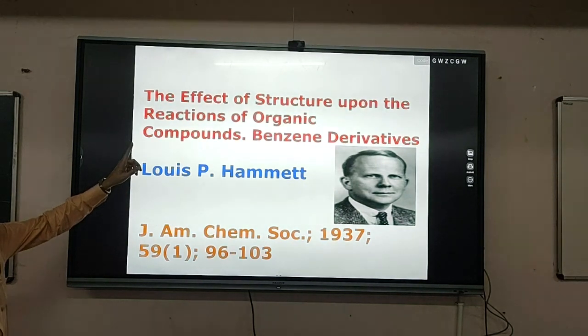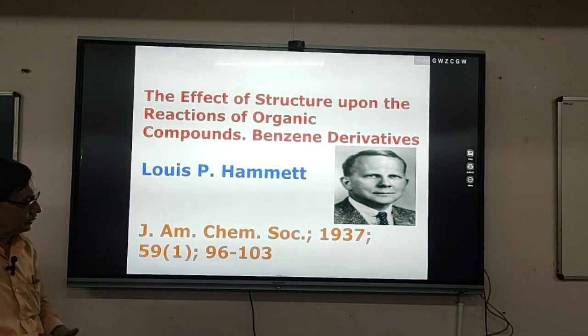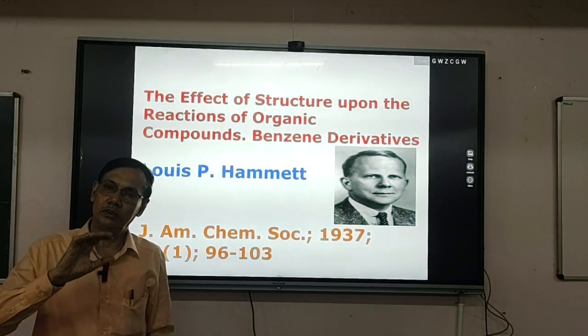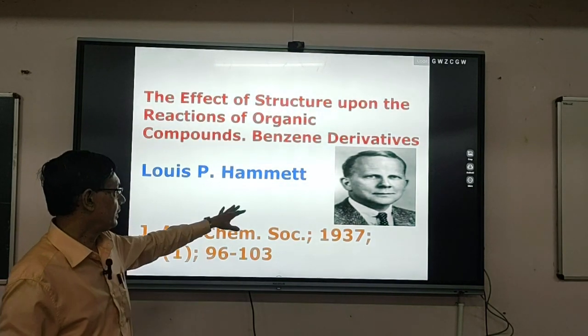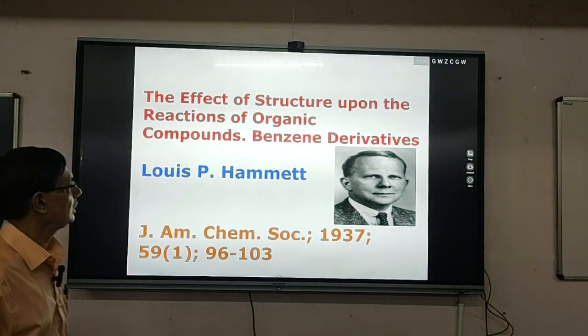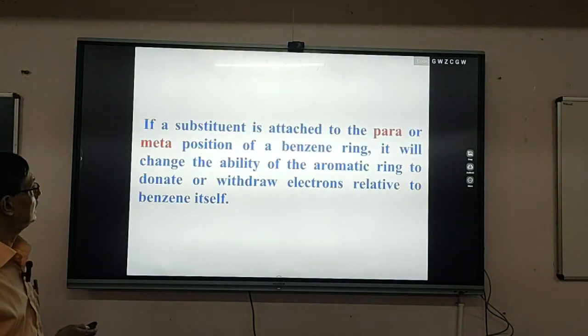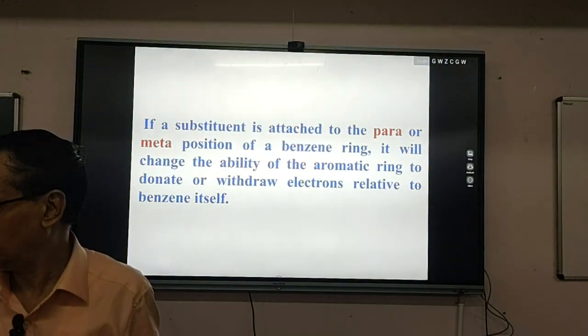So that is the most important paper, and therefore we just call it that Hammett equation, means it was discovered in 1937, because after this paper it was recognized, it is very important derivations, so therefore it is Hammett equations.